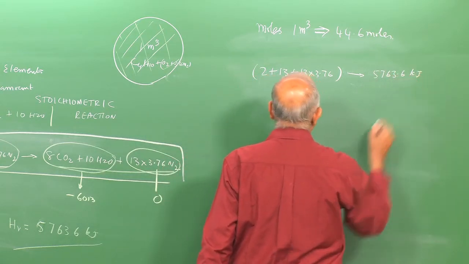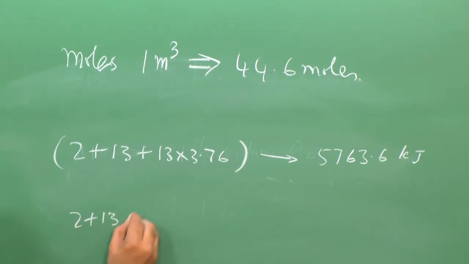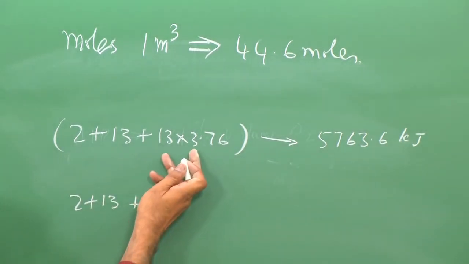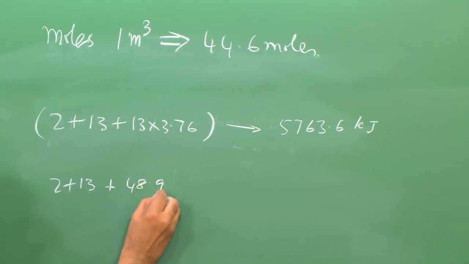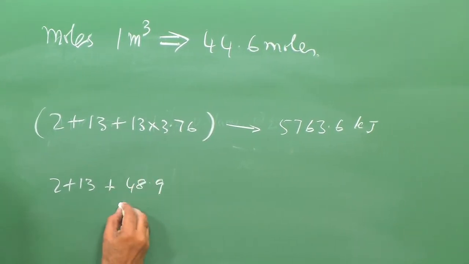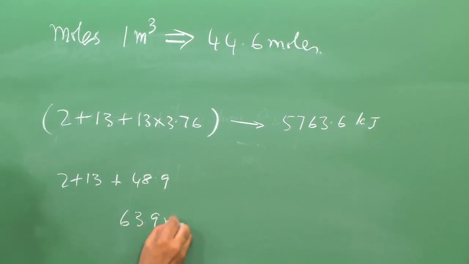kilojoules. If I put this in, 13 into 3.76 comes out to be 48.9, so 2 plus 13 plus 48.9 is equal to 63.9 moles.